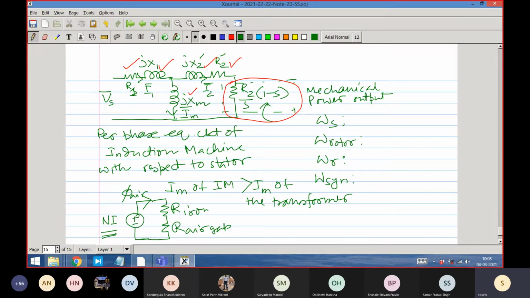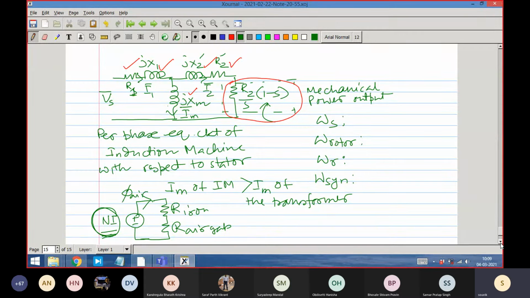As if MMF is a voltage, flux is current, and reluctance is like resistance. If current has to be the same in a circuit with higher resistance, then you need higher voltage. So that is this MMF, which is being represented by magnetizing current Im, and this magnetizing current will be more because the reluctance of the induction machine due to its air gap is more compared to the transformer.